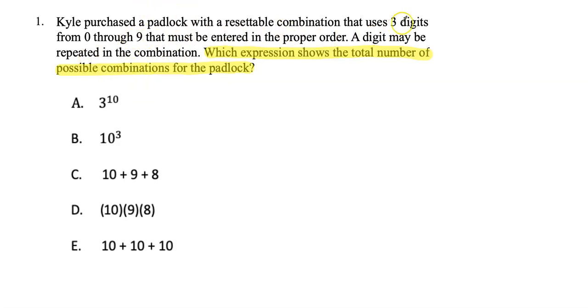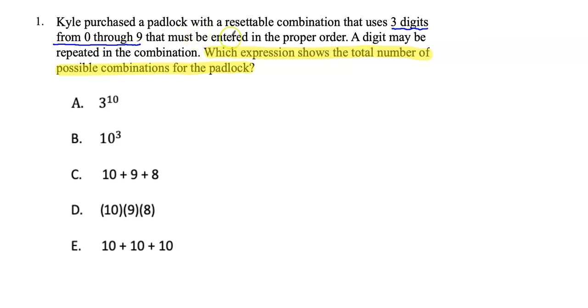Well, it says here that when setting your combination, you can use 3 digits, and you can choose from 0 through 9. I'll get into that more in a second.